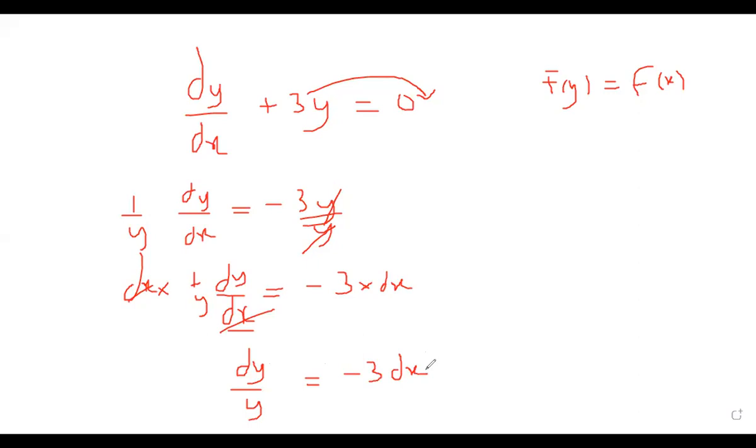This is a function of y, and this is also a function of x. So we apply the integration. We integrate this side and then integrate this side. Now when we integrate this side, you are going to get what?